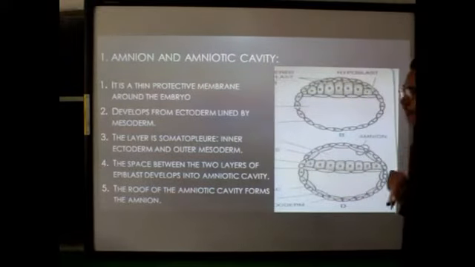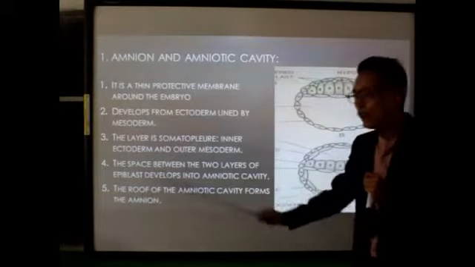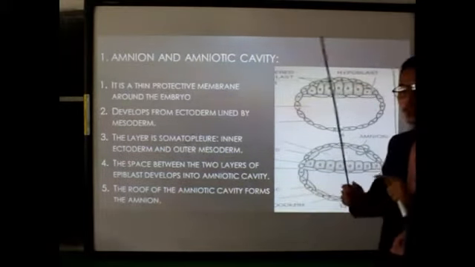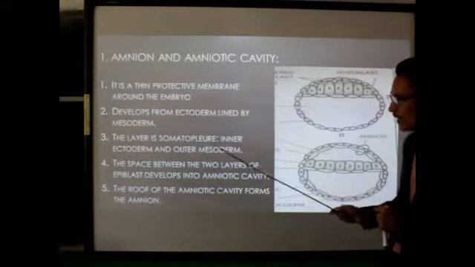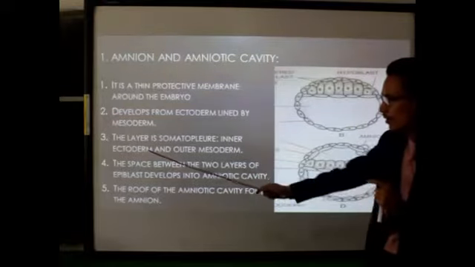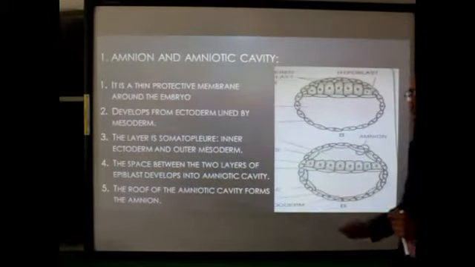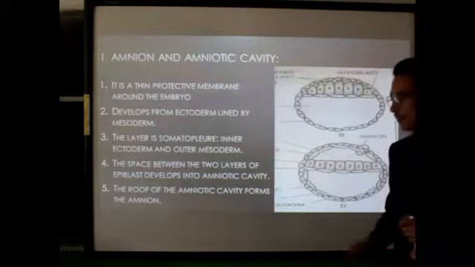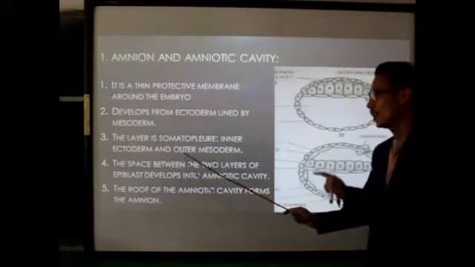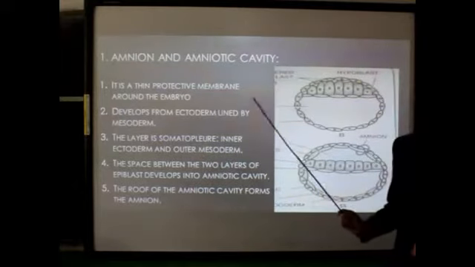Clear? Point number 3 is very important. The amniotic layer, or the amnion, is somatopleure. Now what does somatopleure mean? Somatopleure means that in the inner part it is composed of ectoderm, and in the outer part it is composed of mesoderm. So remember this one, somatopleure. In the inner part we will find the ectoderm, and in the outer part we will find the mesoderm.